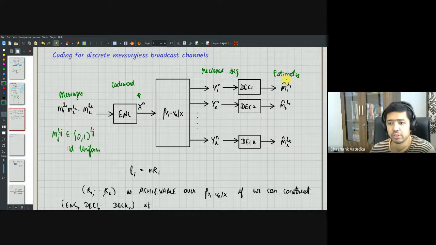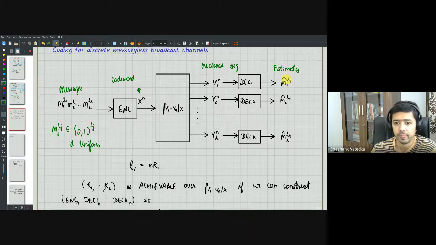And the goal is to ensure that these estimates are good, in the sense that the probability that the estimate is different from the actual message is vanishingly small as n tends to infinity. All right, so that is the setup for a discrete memoryless broadcast channel.